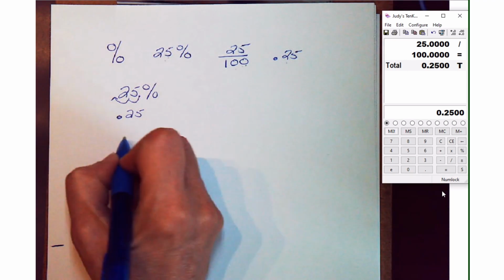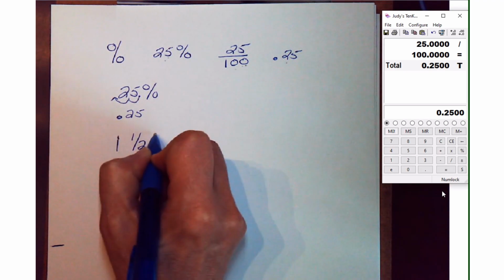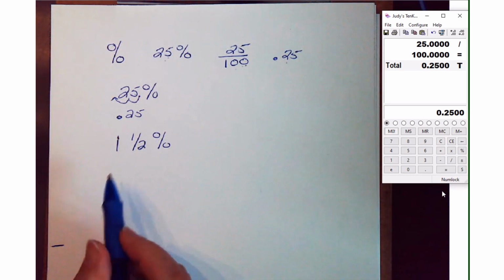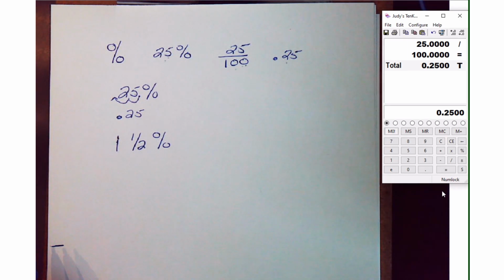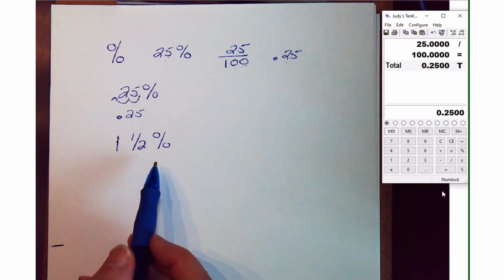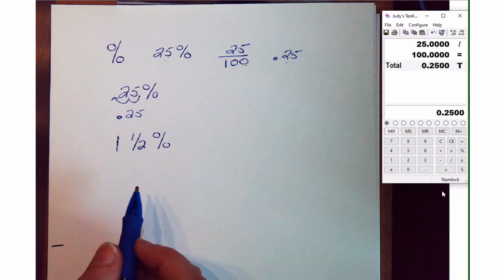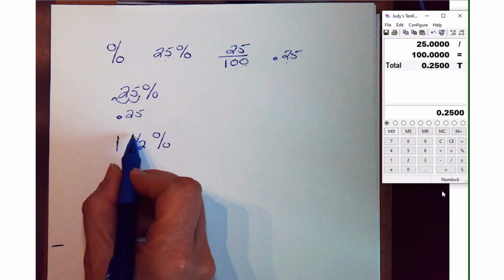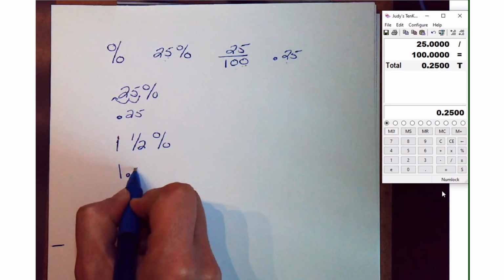A mixed number is a whole number with a fraction. So when you have a mixed number, first make the fraction into a decimal percent. So we know that 1/2 is the same as 0.5.